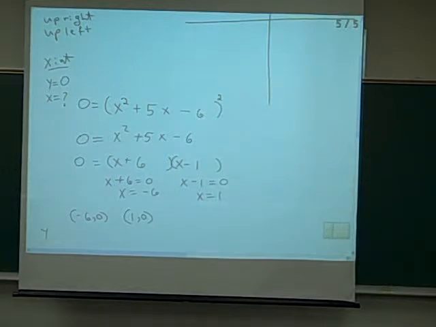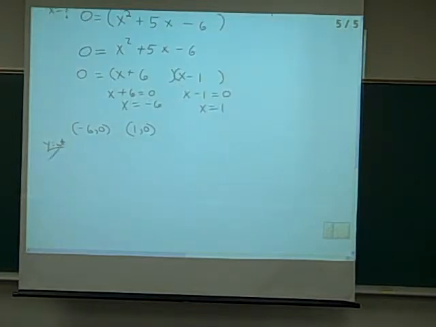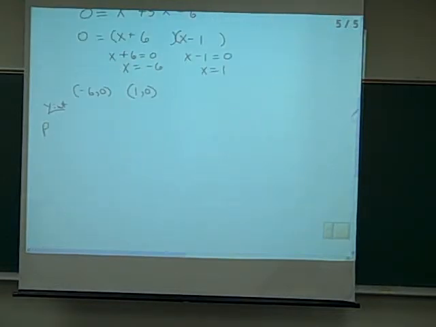Okay, now for the y-intercepts, well, if we set x to 0 here, we're going to end up with something that might be a little surprising to some people. Okay, we got p of 0 here, right? And that's going to be 0 squared plus 5 times 0 minus 6, parentheses squared.